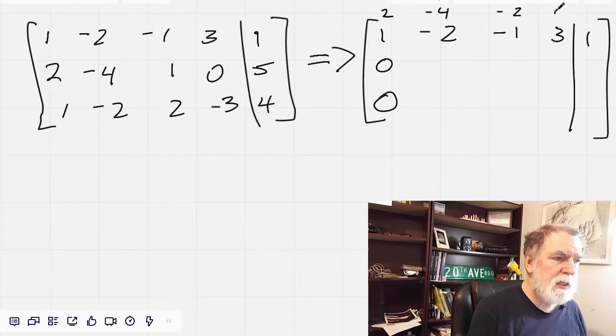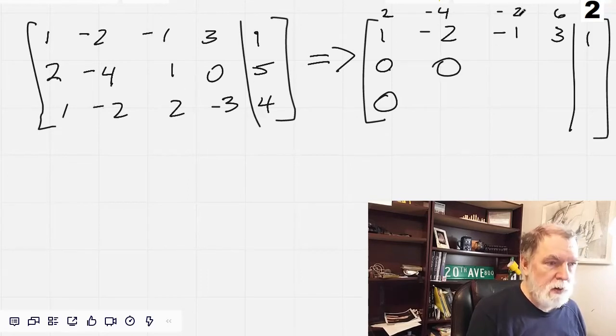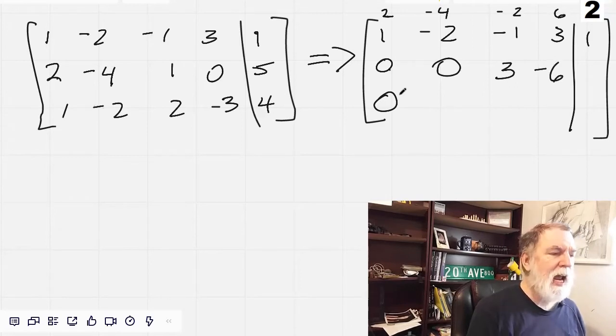And then we're going to subtract. 2 minus 2 gives us 0. -4 minus -4 gives us 0. 1 minus -2, that's 1 plus 2, gives us 3. And 0 minus 6 gives us -6. And 5 minus 2 gives us 3.